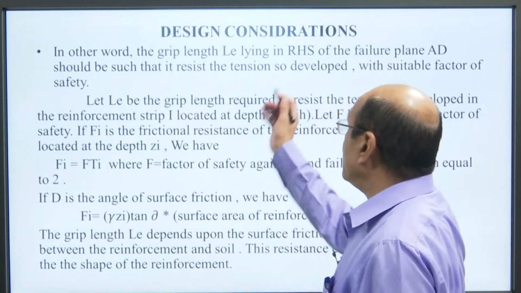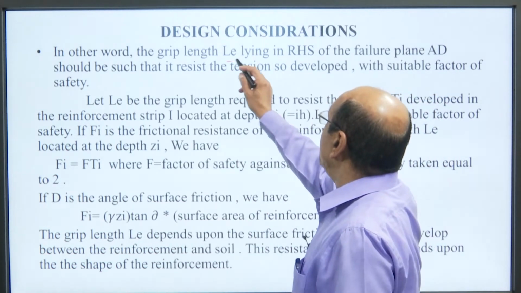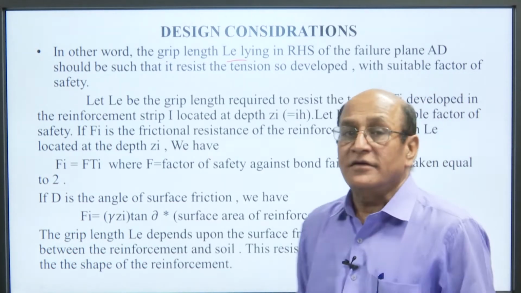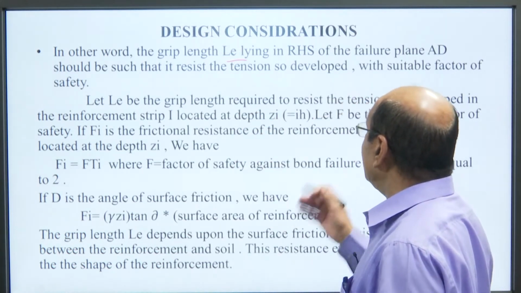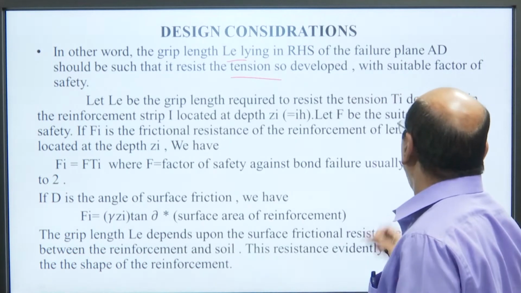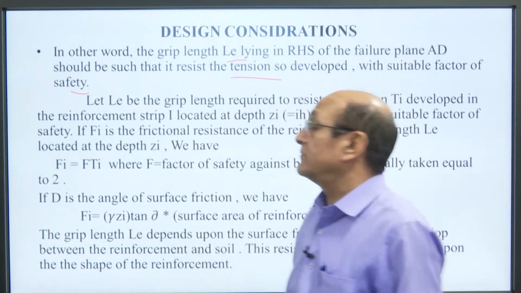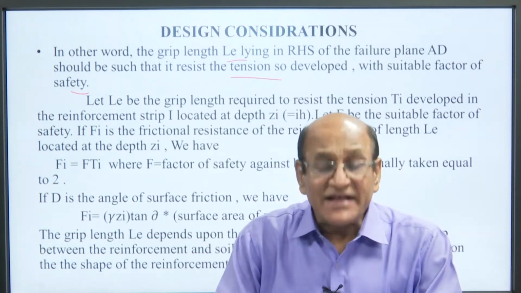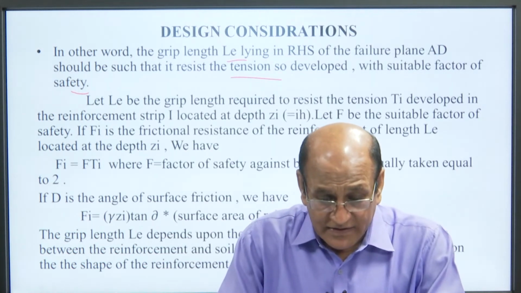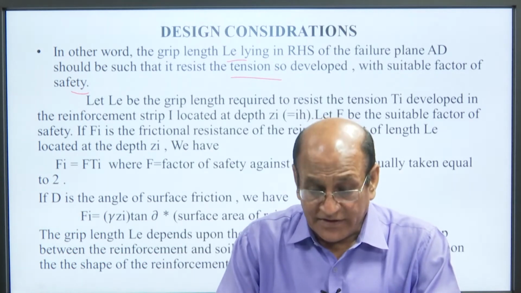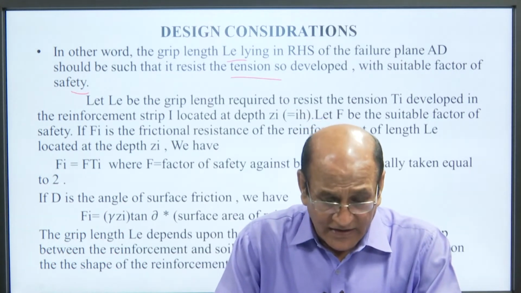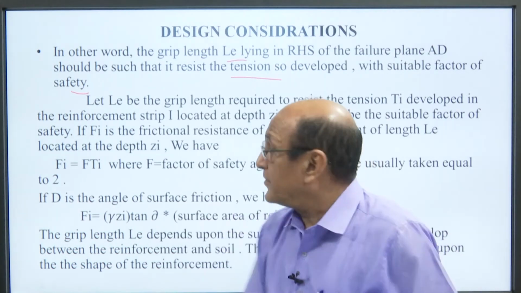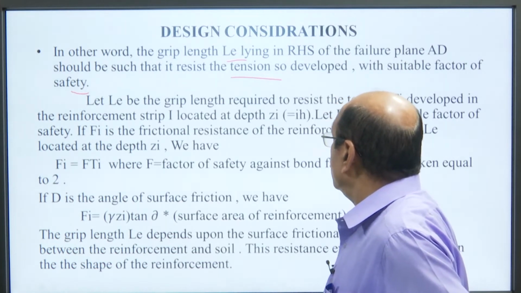So, in other words, the grip length L_E lying in RHS of the failure plane AD should be such that it resists the tension so developed with a suitable factor of safety. Let L_E be the grip length required to resist the tension T_i developed in the reinforcement strip i.